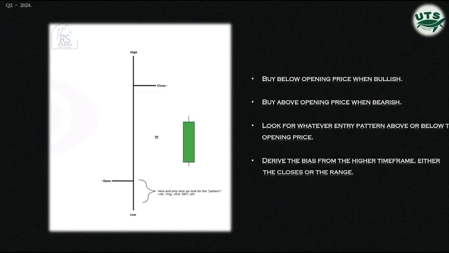Look for whatever entry pattern above or below the opening price. Derive the bias from the higher time frame, either the closes or the range. So if the higher time frame closes above, then you look for price to dump below the open and rally, and vice versa.